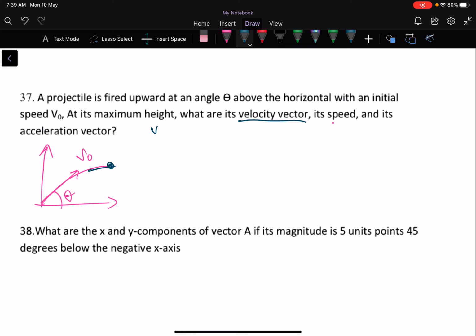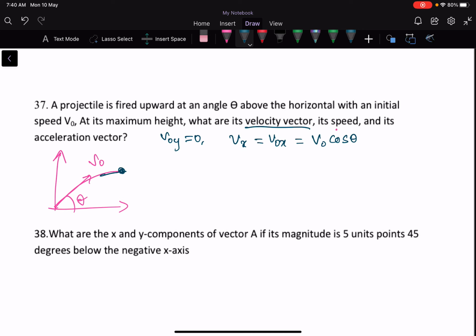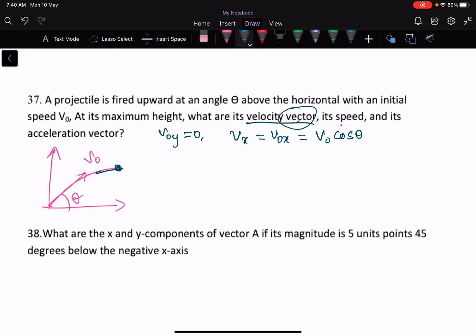At maximum height, v0y is equal to 0, only vx is there. vx is nothing but v0x, that is v0 cos theta. He is asking in vector notation, so v0 cos theta into i.